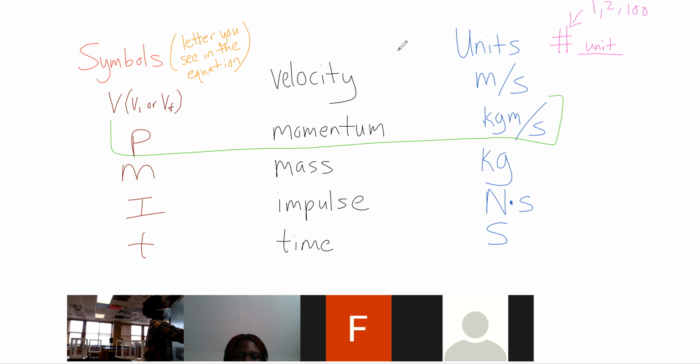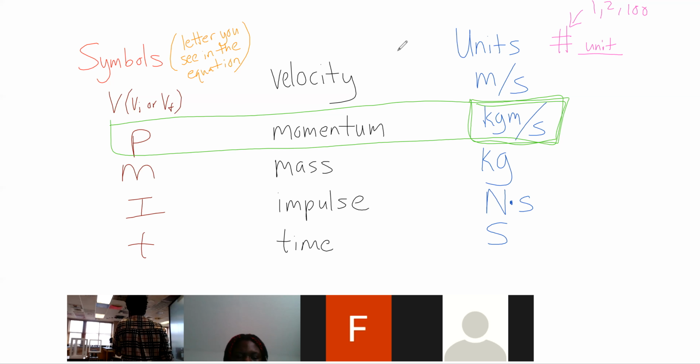If I give you answer choices and the numbers don't end in this kg·m/s, I'm trying to trick you or trying to help you, because the units for momentum have to be this. So if I give you an answer choice that says something like 25 m/s, well, that's a velocity. So I wouldn't even look at that one. I would automatically scratch that number out, okay?